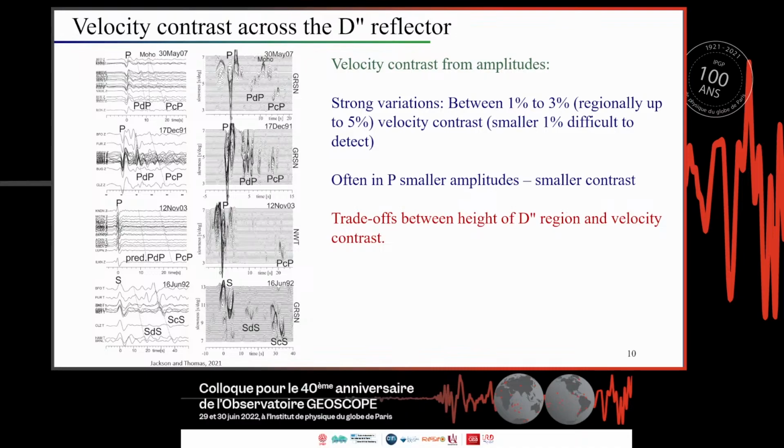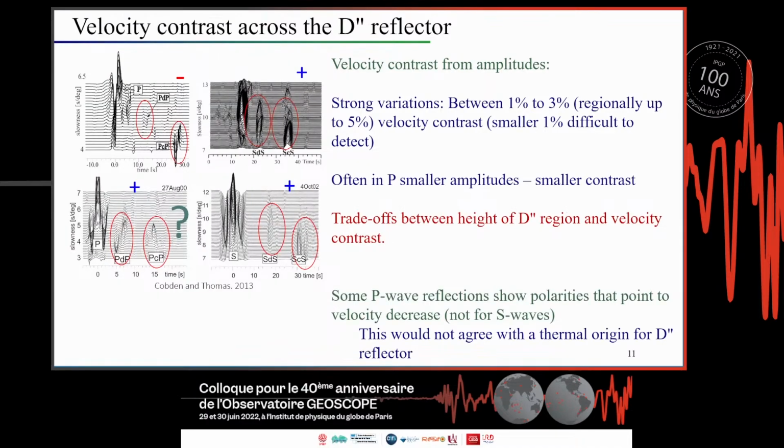Smaller than 1% is probably often buried in noise and we might not be able to see it. The other interesting thing is that P wave reflections usually have smaller amplitudes than S wave reflections, which could contribute to the fewer P wave observations that we saw in the other figure.